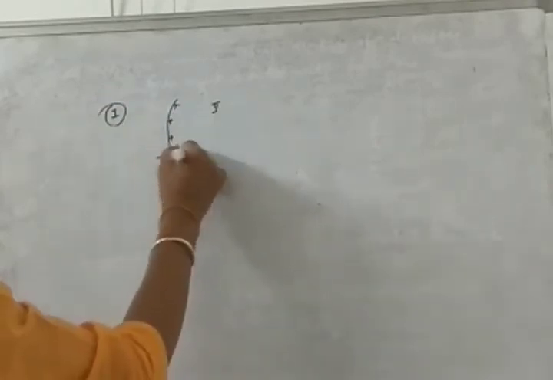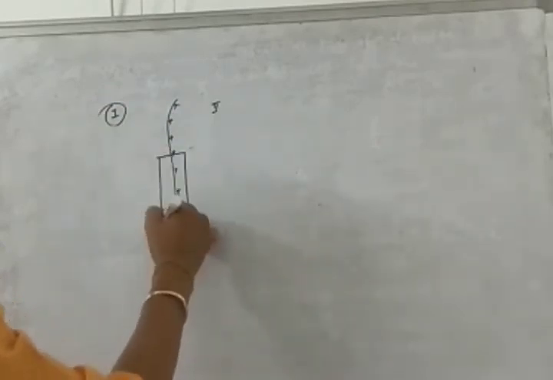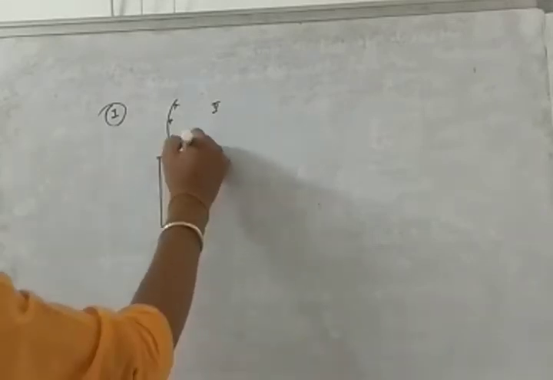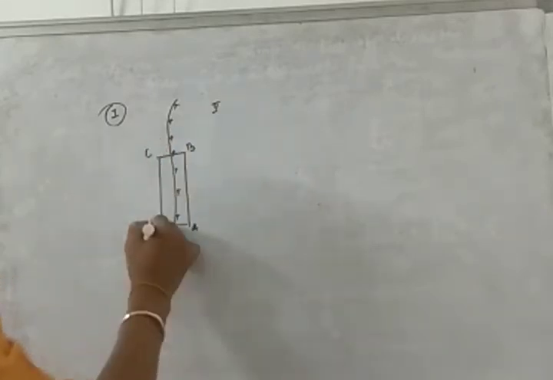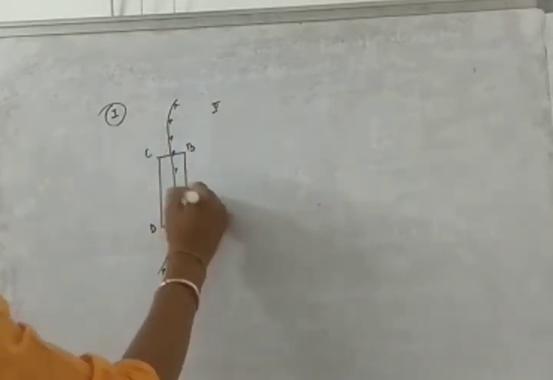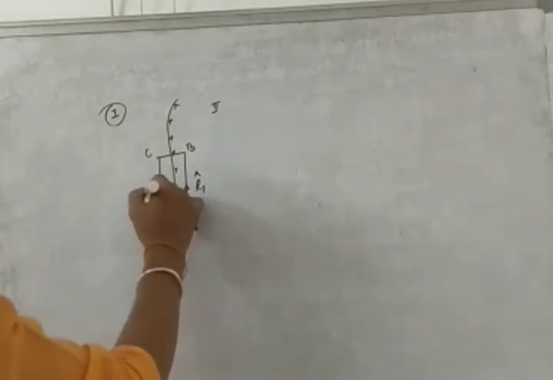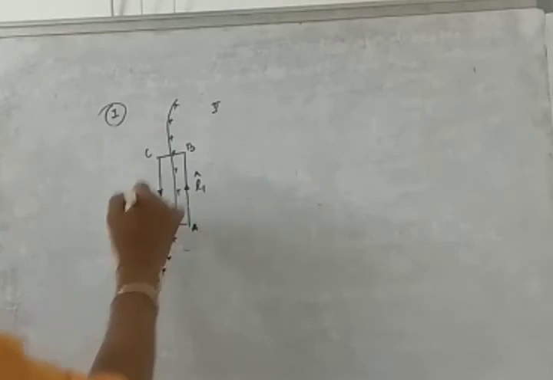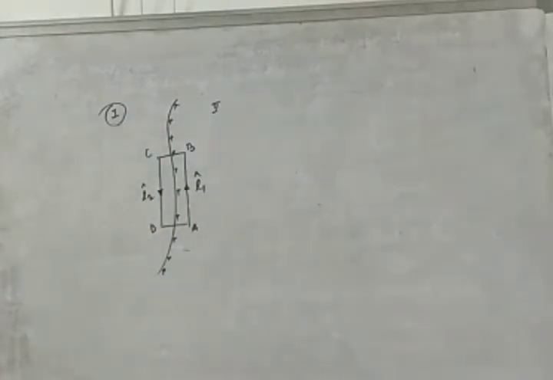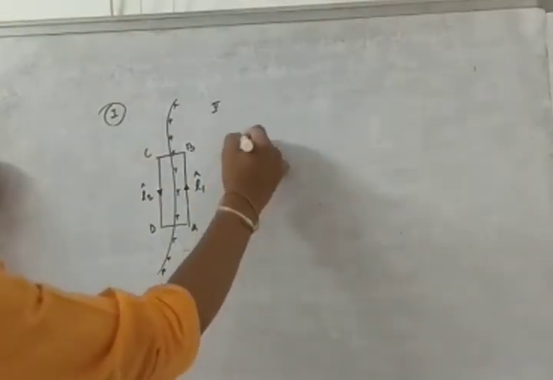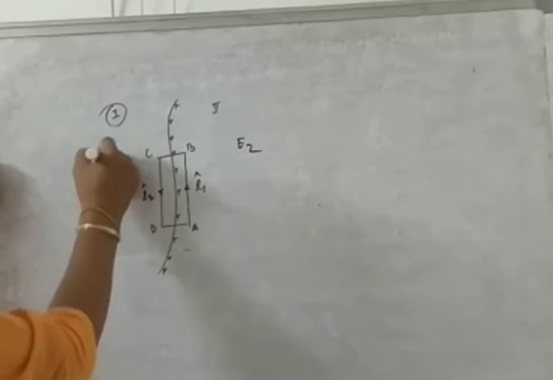We consider a loop, say A, B, C, D. This is our unit vector along A to B, and this is our unit vector along C to D. On this side the electric field is E2, on this side the electric field is E1.